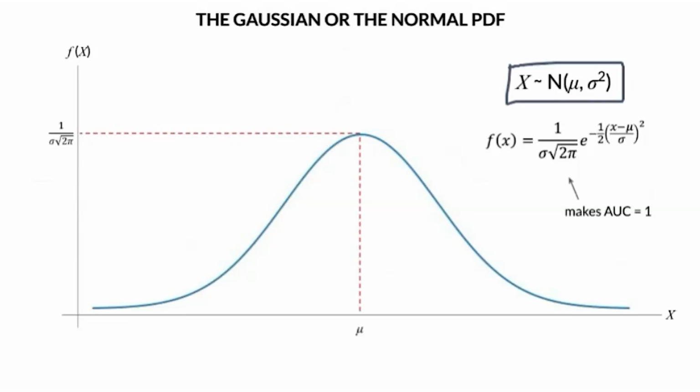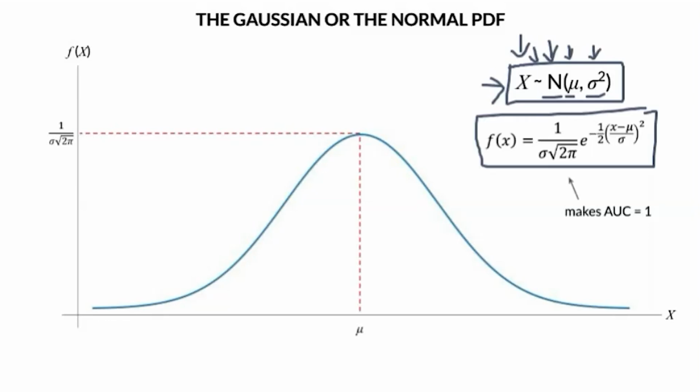Basically, the random variable x follows a normal distribution with mean mu and variance sigma square. This is how we are going to read this statement. Great. What is the formula of the PDF for this random variable?